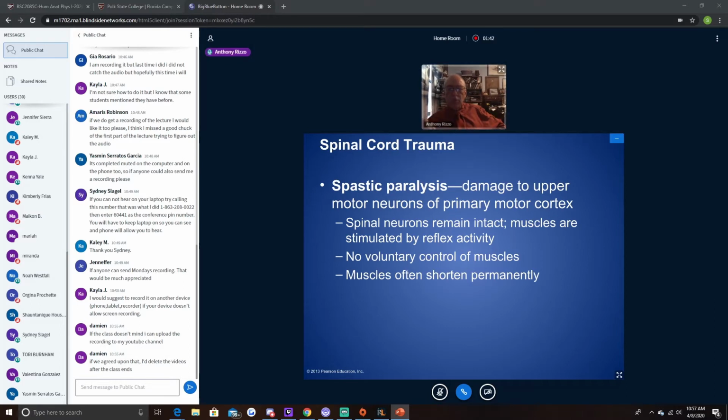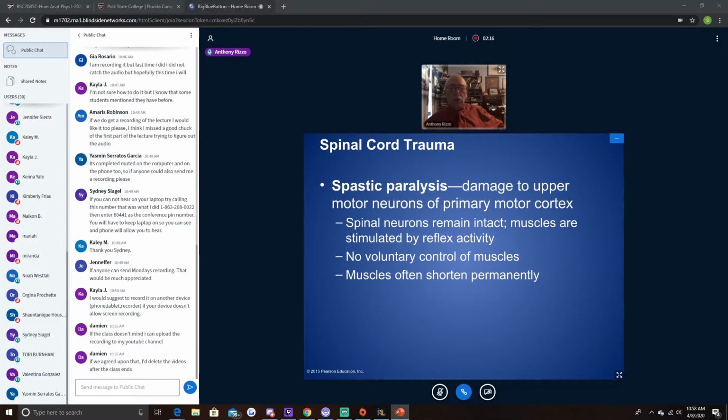If the lower motor neuron, which goes from your spinal cord to your muscle, is still intact, then the spinal cord, part of the central nervous system, will continue to stimulate the muscle. The spinal cord stimulation of the muscle will have nothing to do with what the brain wants, because the upper motor neuron's damaged, so what's coming from the brain can't get down to the cord. So basically, the spinal cord just stimulates the muscle to contract all the time.